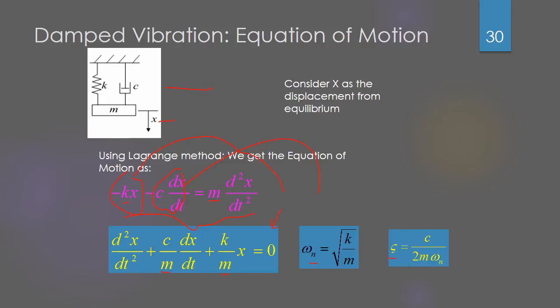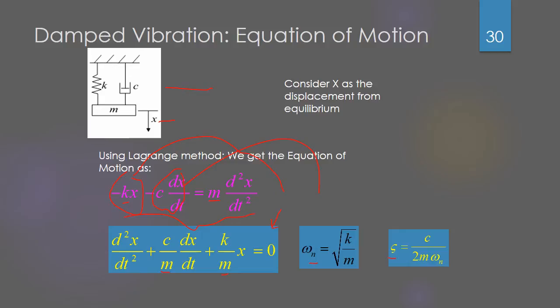Now let's come to an example of a damped vibration. This over here is a typical damping system, and this X is the displacement. We can consider X as the displacement from the equilibrium. Now, using the Lagrange method that we have studied in vibration, we can get this equation of motion.